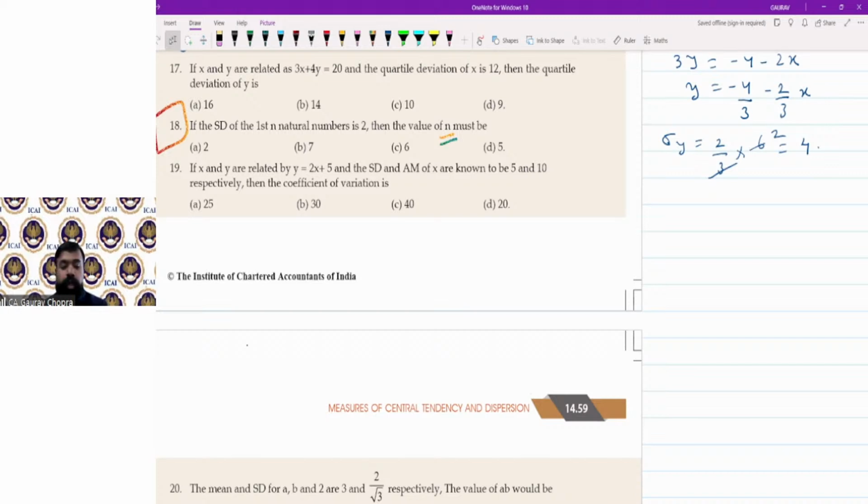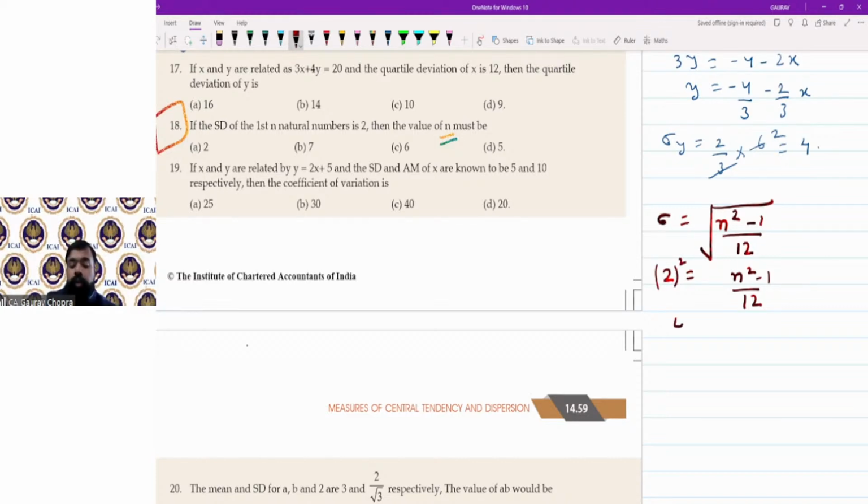Right. So for the first n natural numbers, we have done one formula, that is root of n square minus 1 upon 12. So the standard deviation is 2. Then root of n square minus 1 by 12. On squaring both sides, the root will get removed, and here we will write square.